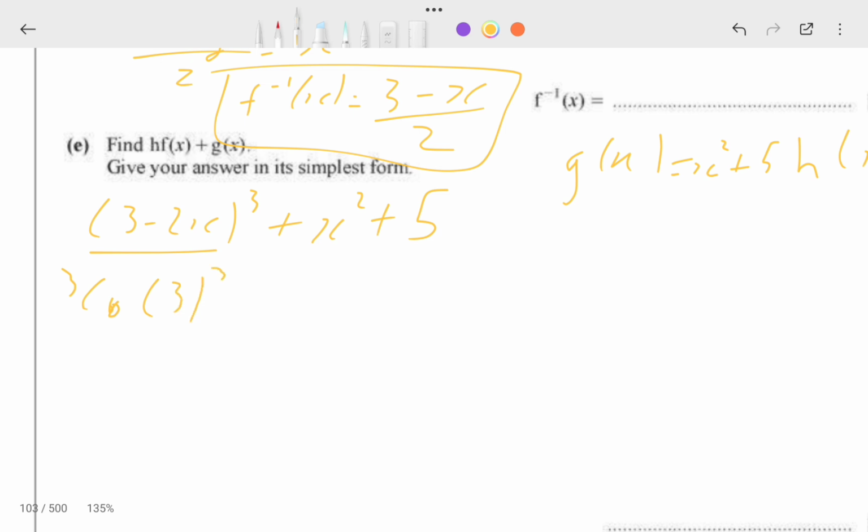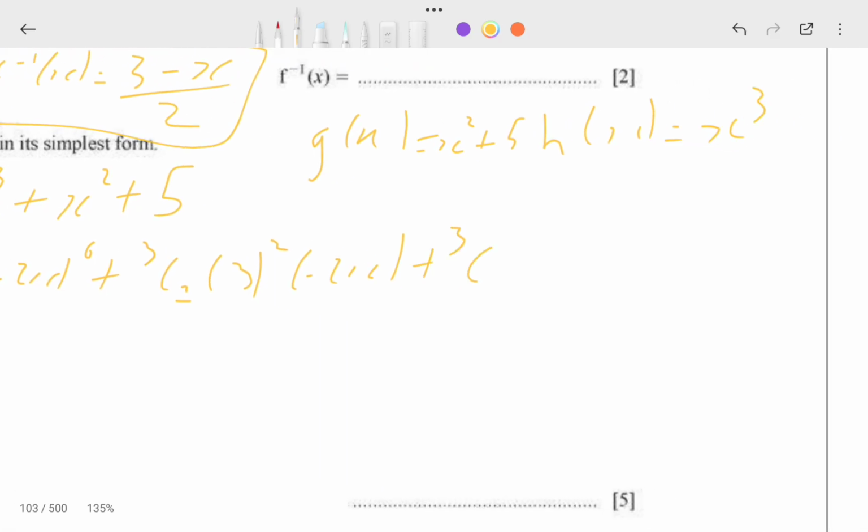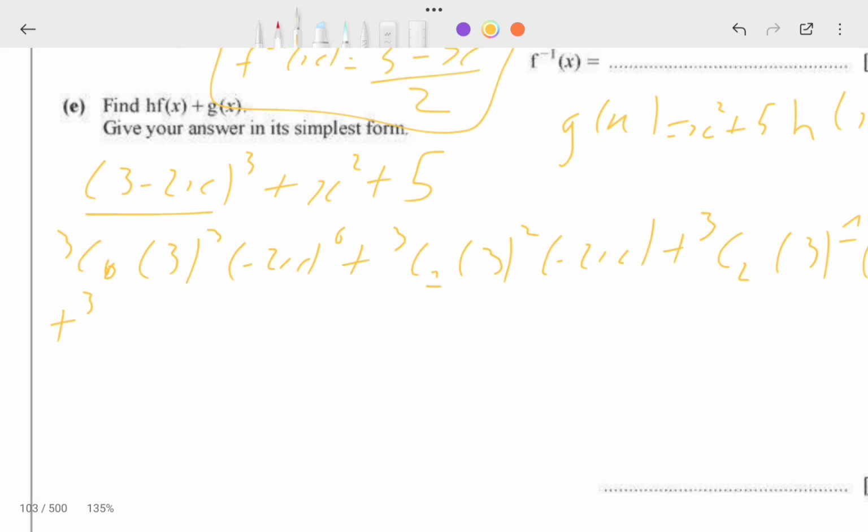3C0 3 to the power 3 (minus 2x) to the power 0 plus 3C1 3 to the power 2 (minus 2x) plus 3C2 3 to the power 1 (minus 2x) squared plus 3C3 3 to the power 0 (minus 2x) to the power 3 plus x squared plus 5.